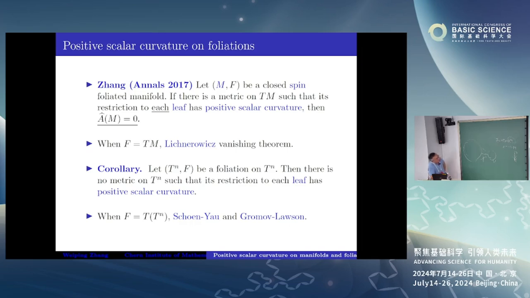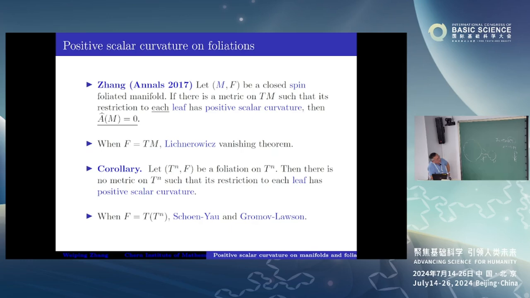And as a corollary, we can show that on the torus there is no foliation with positive leafwise scalar curvature. That means if you have an integral subbundle F of a torus, then there is no metric on the torus such that its restriction to each leaf has positive scalar curvature.